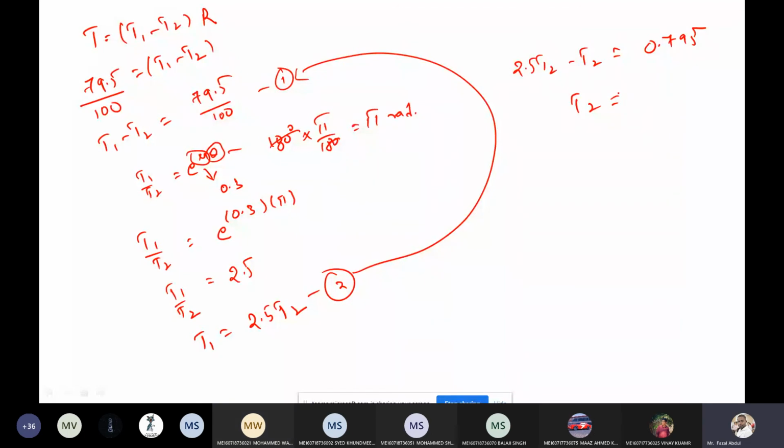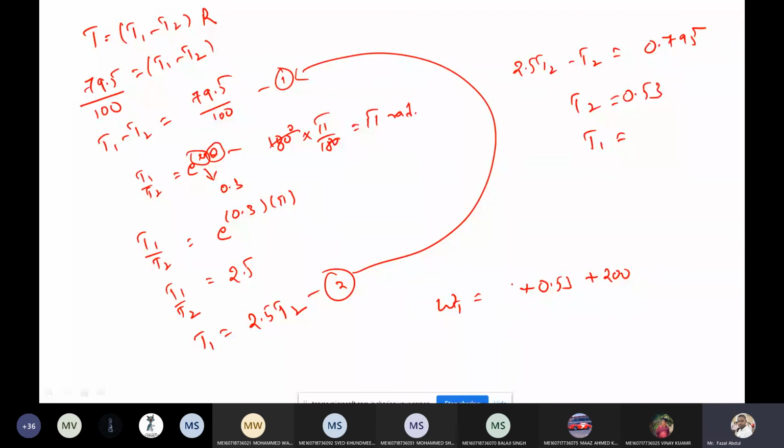What is T2? 0.53. Now what is T1? Total load is equal to 0.53 plus 200 plus T1.